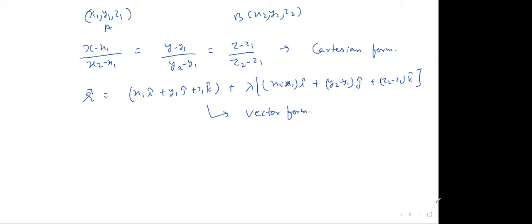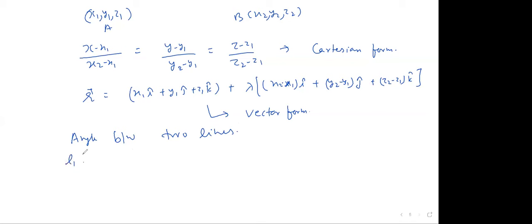Now, the angle between two lines. Suppose we have been given two lines.